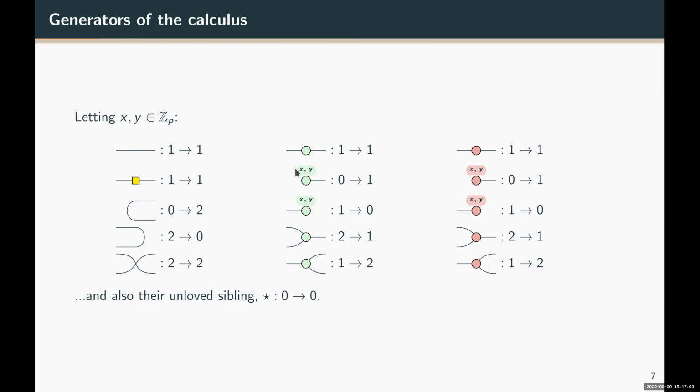The X part is going to correspond to Pauli operators in the corresponding basis. And then the Y part is essentially what's left over from the Clifford group when you exclude the Paulis. I typically refer to this as the pure Clifford part of the spider, or of the phase.